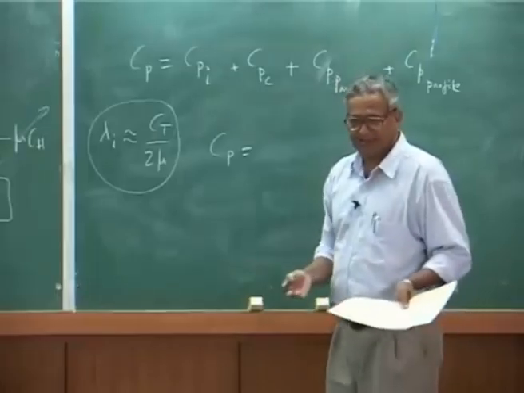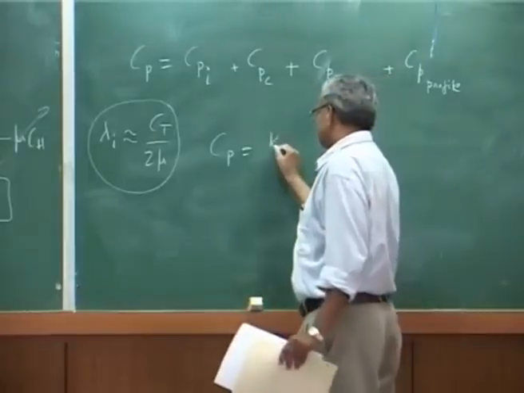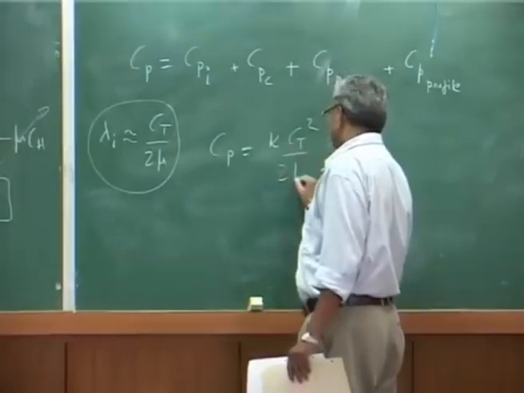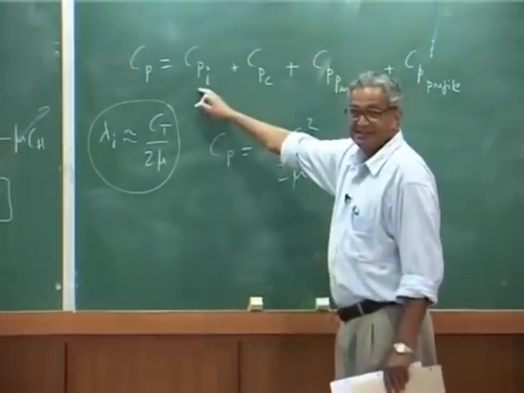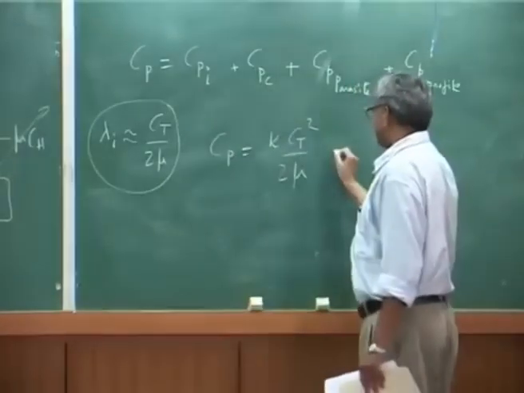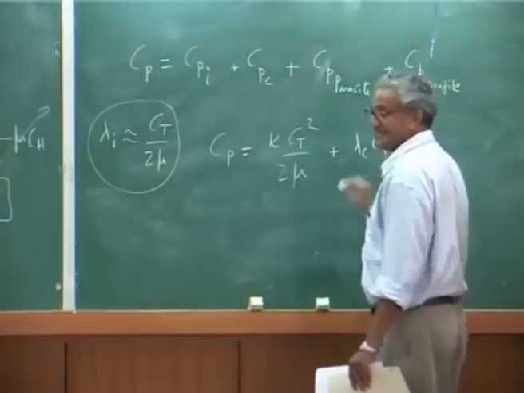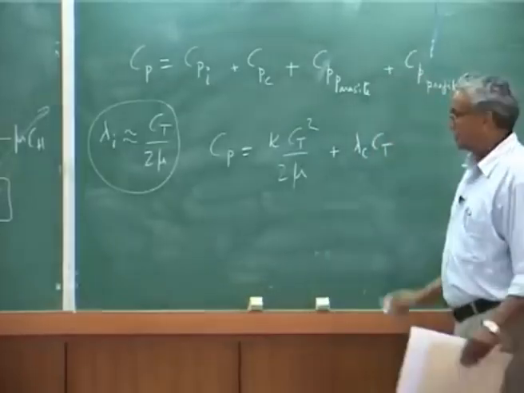Non-uniform inflow is there. So, put some factor. So, you will get Ct square over 2 mu, that is the induced power. Climb power lambda c Ct, okay.